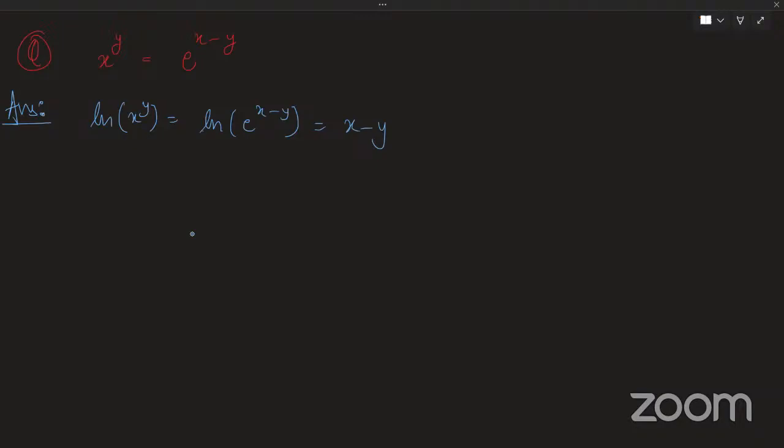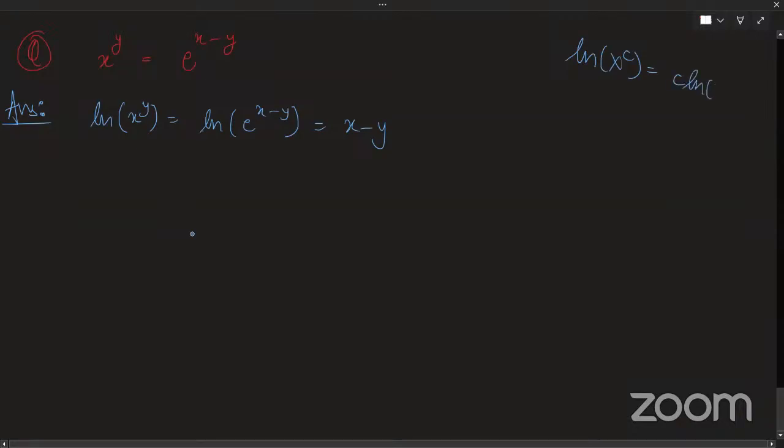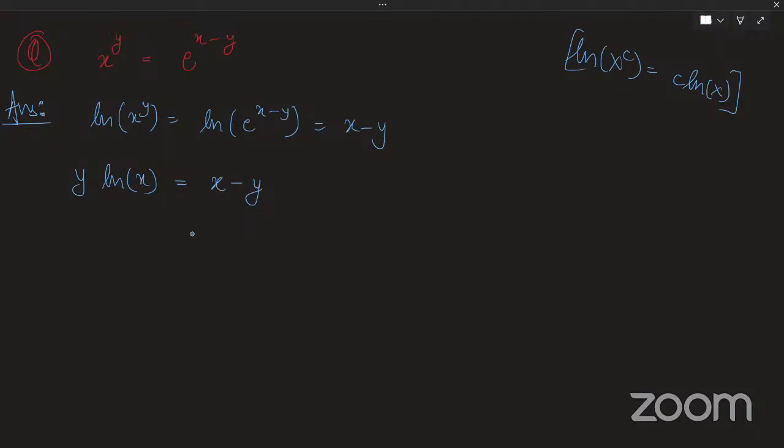If everyone remembers it clearly, there is a rule that ln of x raised to c is basically c times ln x. So this power comes in front. So this thing can be written as y into ln of x, and this thing becomes x minus y, right? Yes, sir.